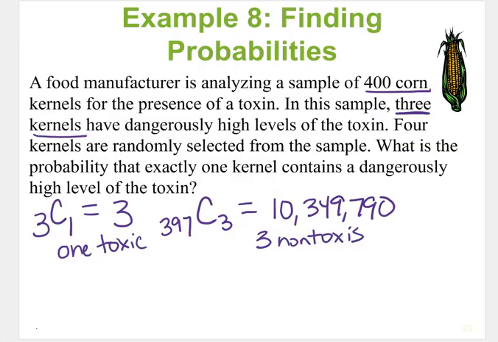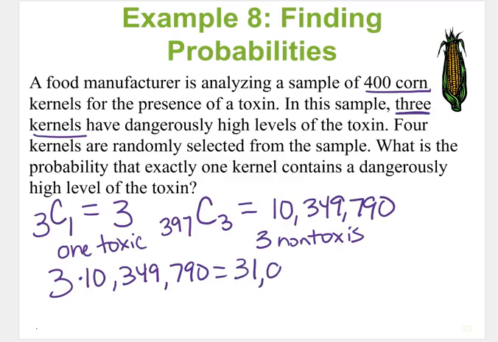So I'm going to multiply those 2 together, and that is going to give me a very large number, 31,049,370. So that's how many ways that I can choose 1 kernel that's toxic and 3 kernels that are not toxic. It's a lot of different ways.